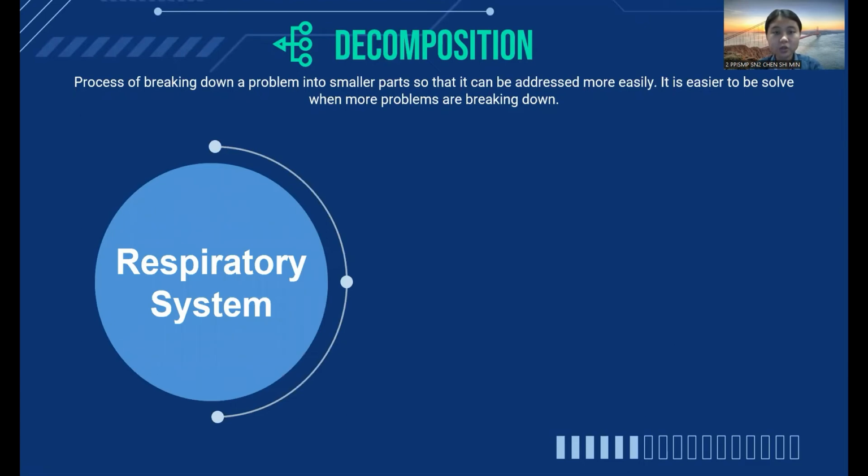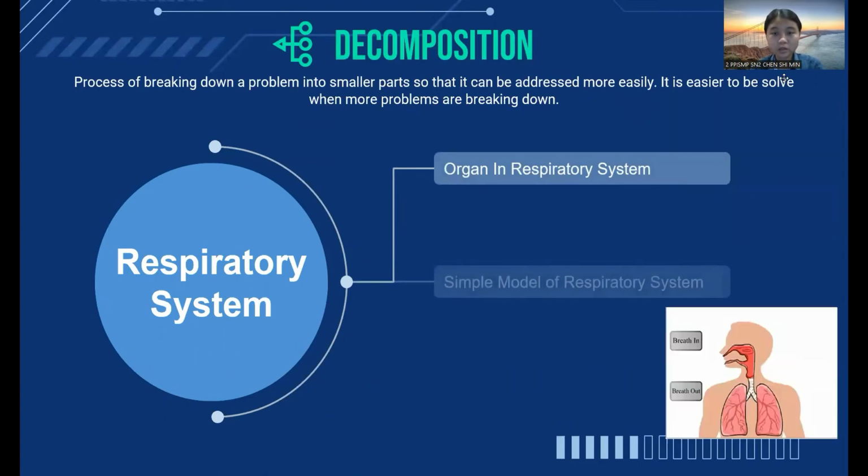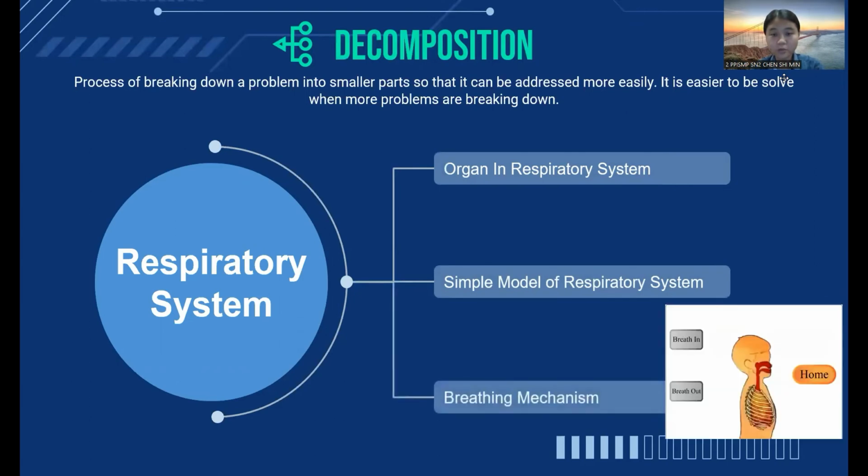It is easier to solve when problems are broken down. So my big question is the respiratory system. I break it down into 3 parts: the first part, organs in the respiratory system; the second part, a simple model for the respiratory system; and the third part is the breathing mechanism.